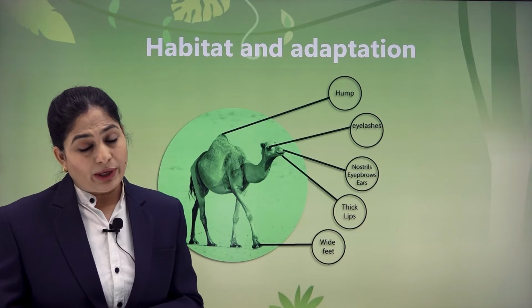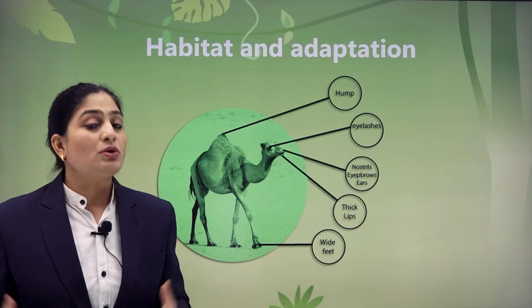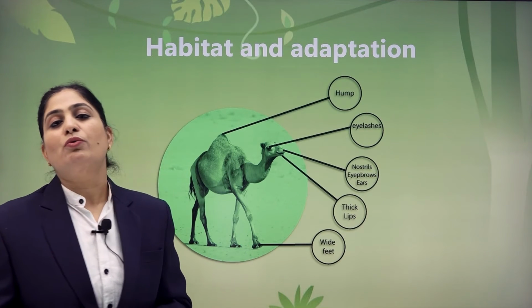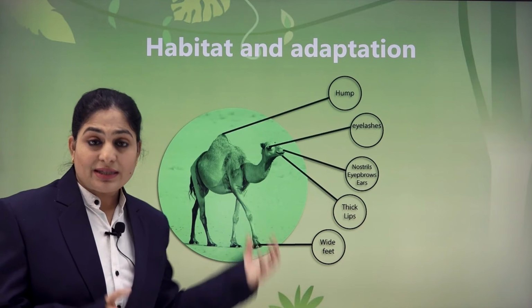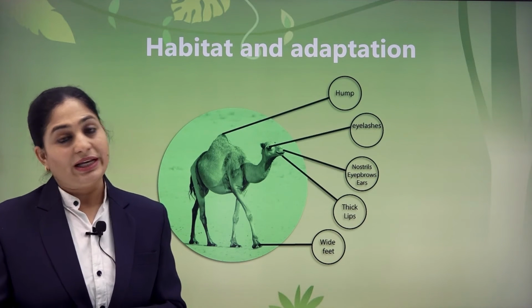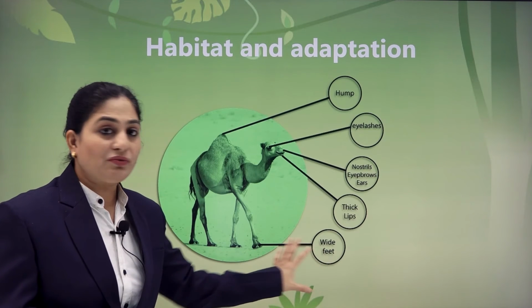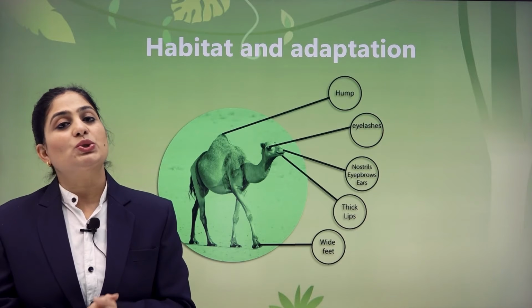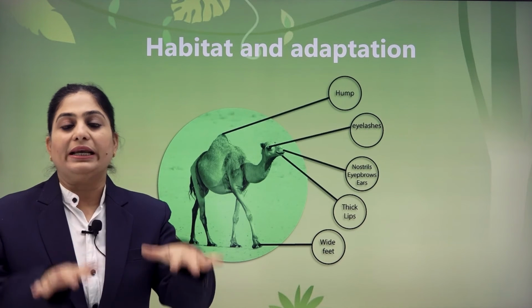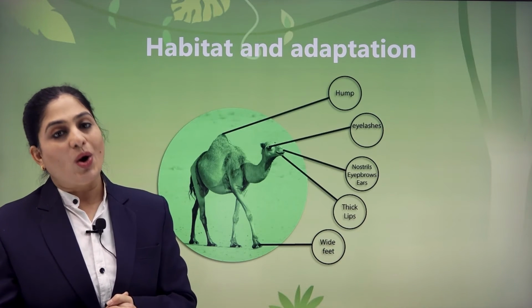You all know what the conditions of desert are. The very important thing is that the availability of water is very less, and thus the camel has various adaptations. First, it has large and wide feet, so that it can walk easily and comfortably on sand.